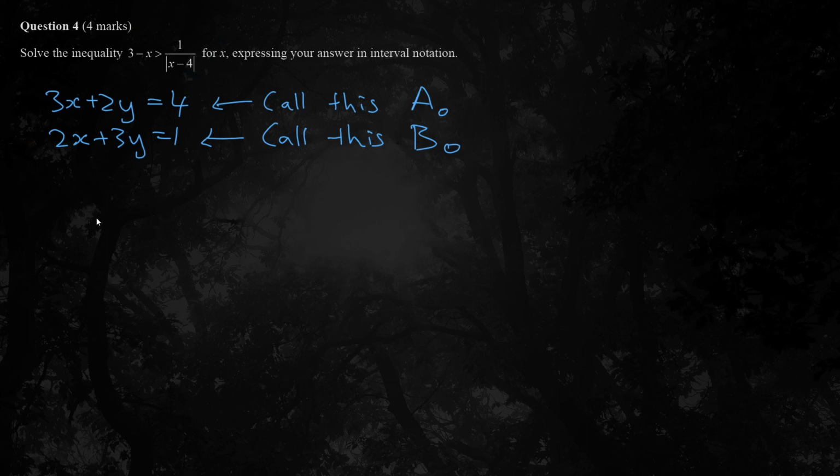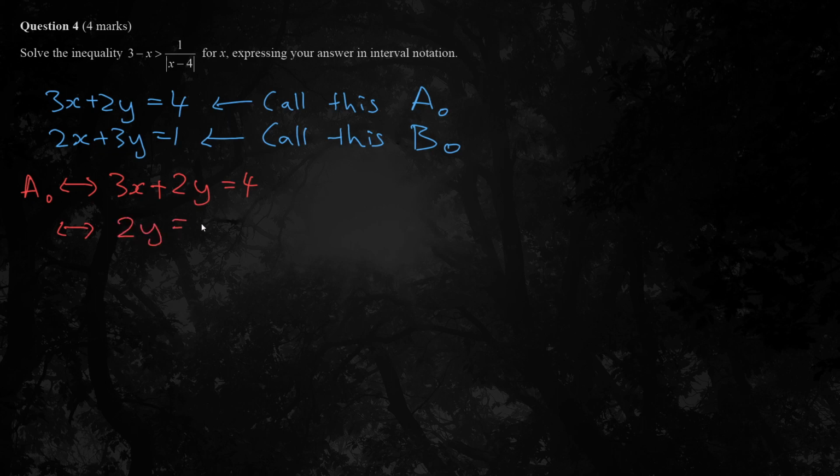So the first step is to just pick the thing we want to manipulate. I'm going to manipulate A0 to start with. I'll write down A0, if and only if, and just for clarity, I'll rewrite it here. You don't actually need to rewrite it in your first step. Then I'll start manipulating it. I'm going to try and get y by itself.